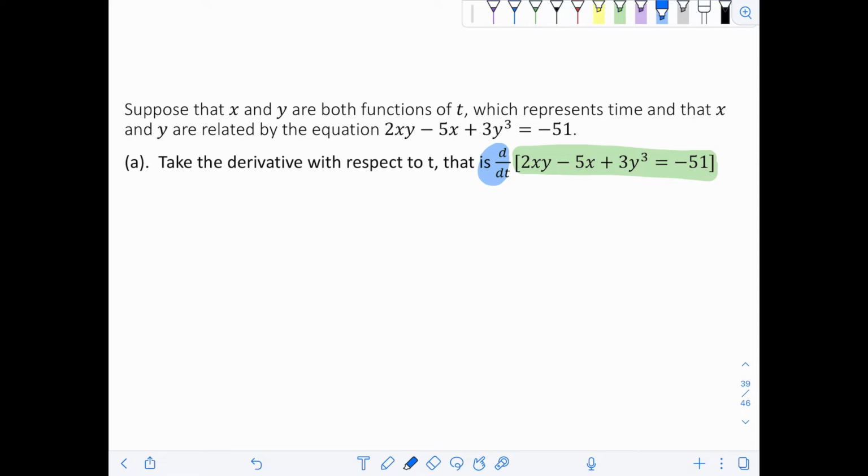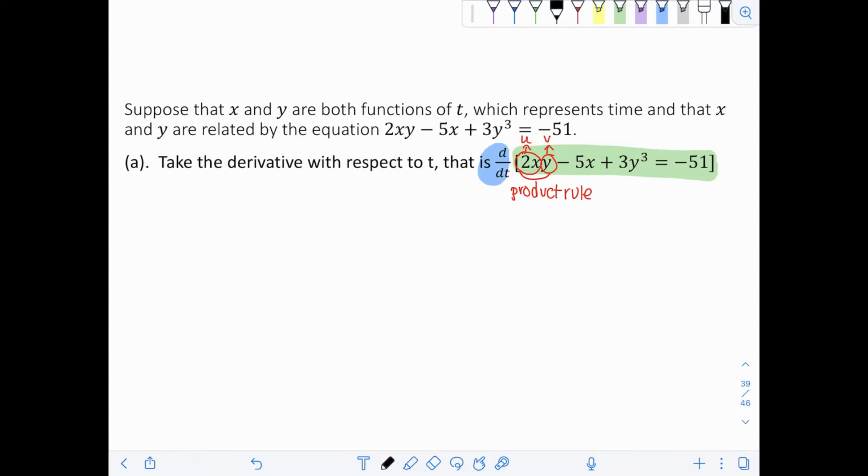So let's go ahead and do that. This first piece, I should mention, would be an example of where you need to use the product rule, and you could split it up as 2x being a function and then y being its own function. Maybe you could call one u and one v, and then that's what you would apply the product rule to.